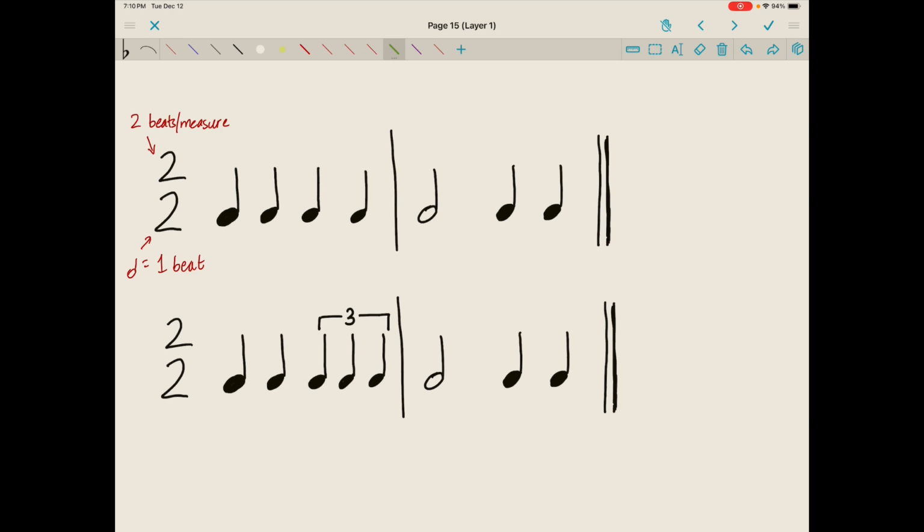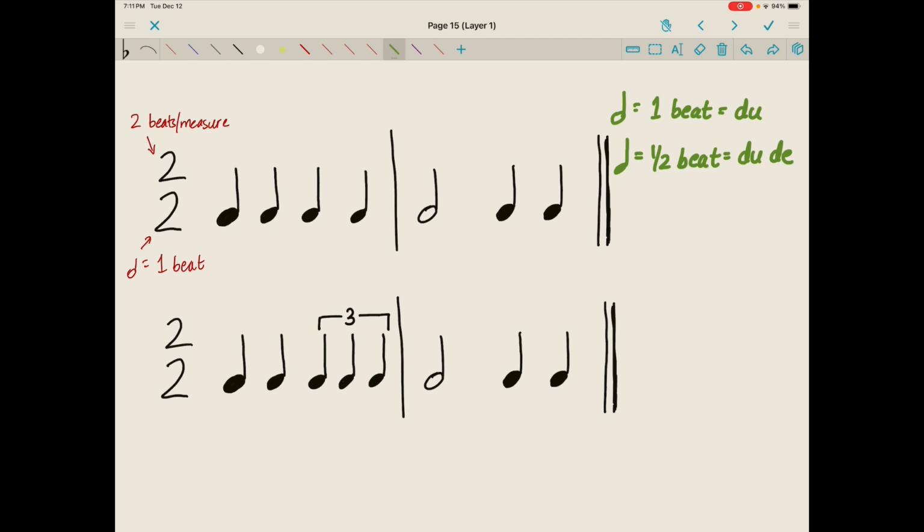So we know that a half note, because it's worth 1 beat, will be do, using our Gordon rhythm language, and a quarter note, which is worth half of a half note, will be our half beat note.